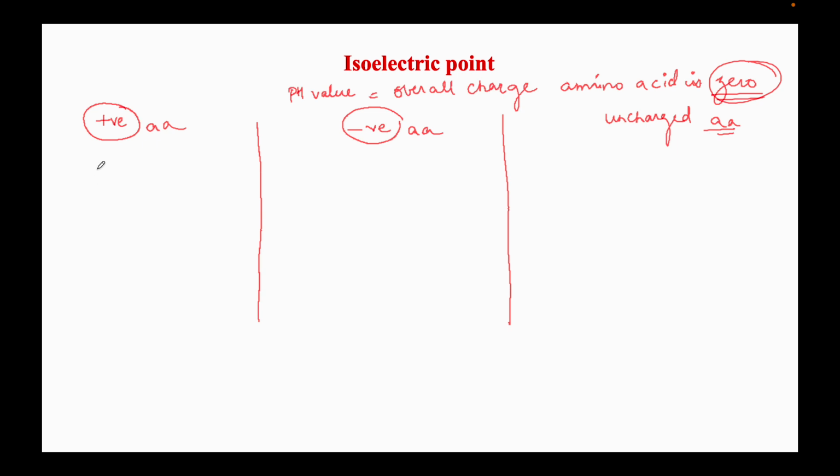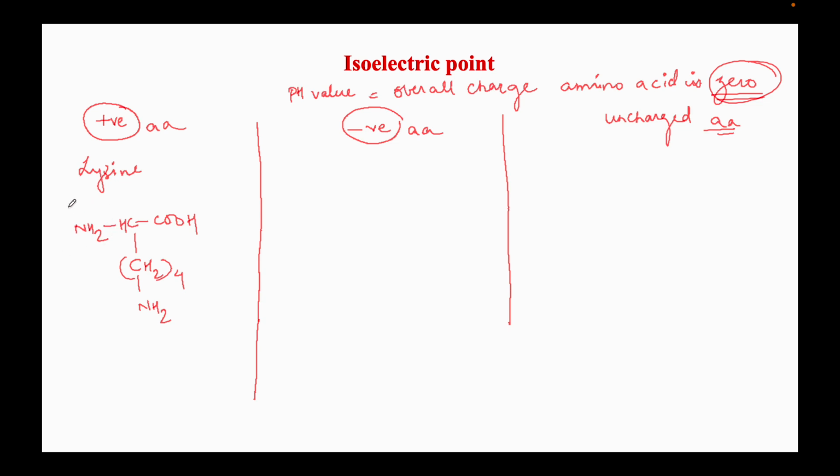One example of a positively charged amino acid is lysine. Very simple. First we'll write the backbone structure of lysine. This is the alpha carbon, to which we have an amino group, and this is our R group. The R group is CH2 four times, then NH2. In the positively charged amino acid, there are 3 ionizable groups.